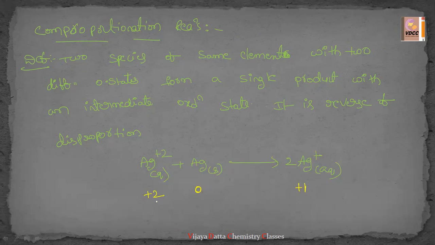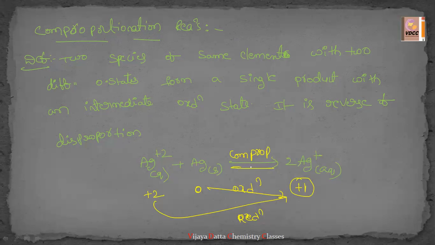So +2 to +1, decreasing oxidation state, reduction. 0 to +1, increasing oxidation state, oxidation. So on the reactants side two different oxidation states form a single product with the same oxidation state, and that is called comproportionation.